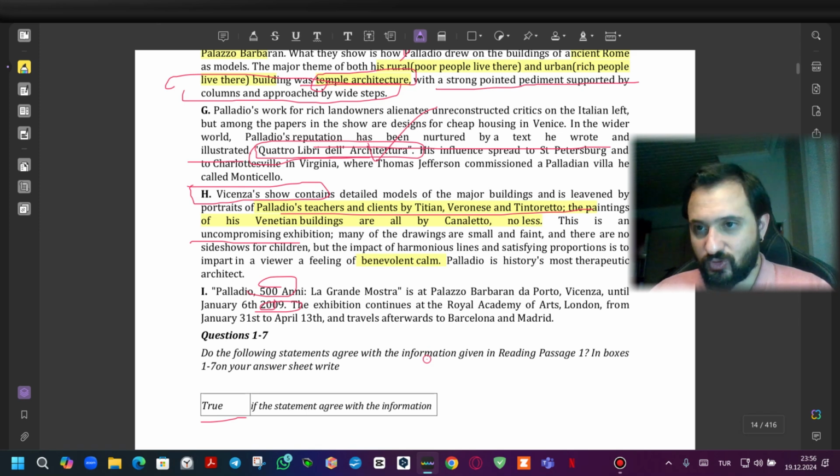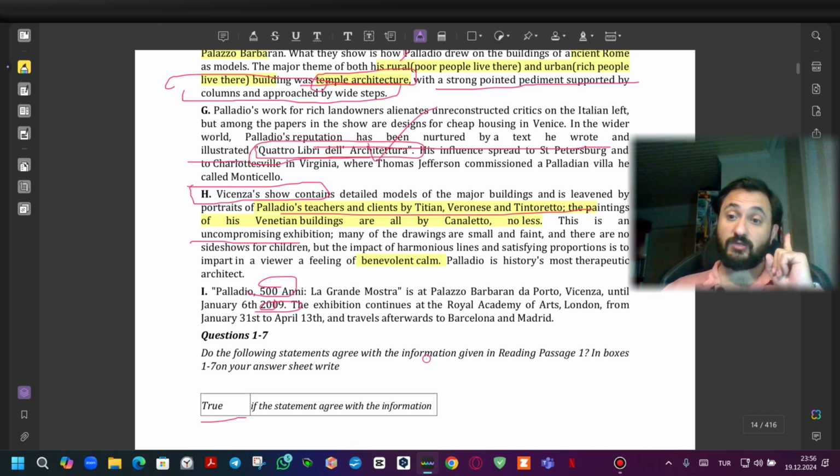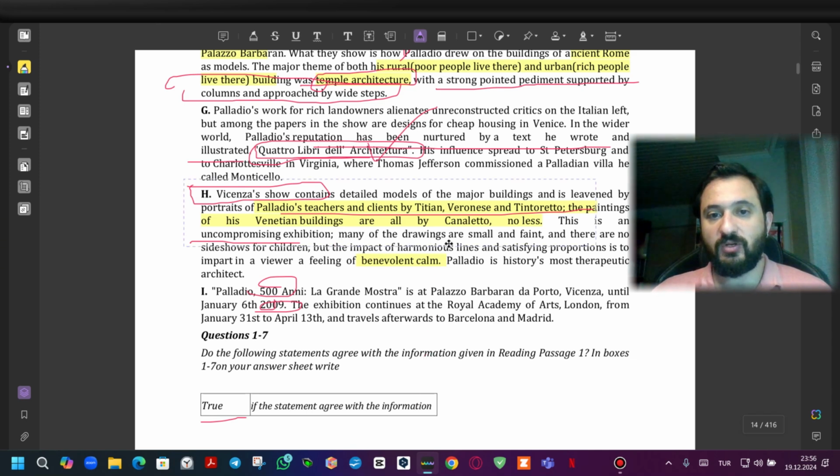Feelings means the writer's opinion, the main idea. The theme should be stated in the introduction and in the conclusion. If you see such a question, always look at these paragraphs. Exhibition. Many of the drawings are small and faint, and there are no size shows for children.